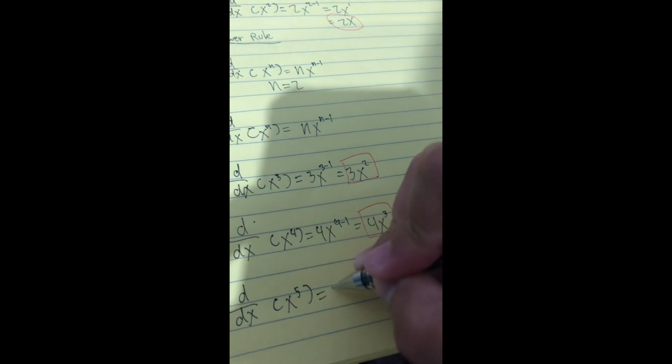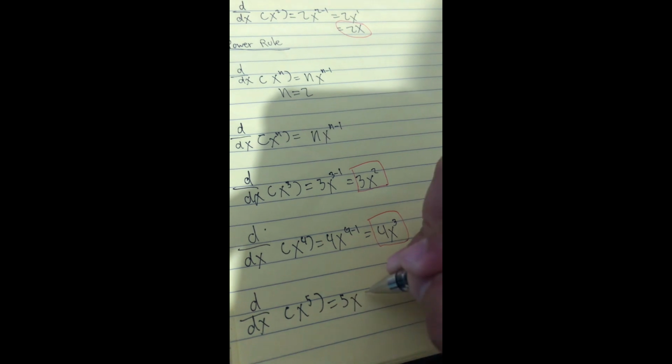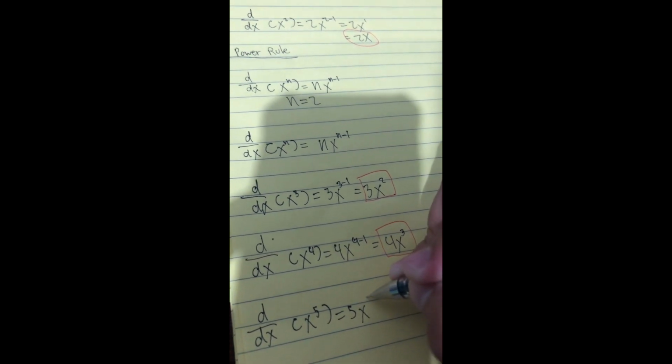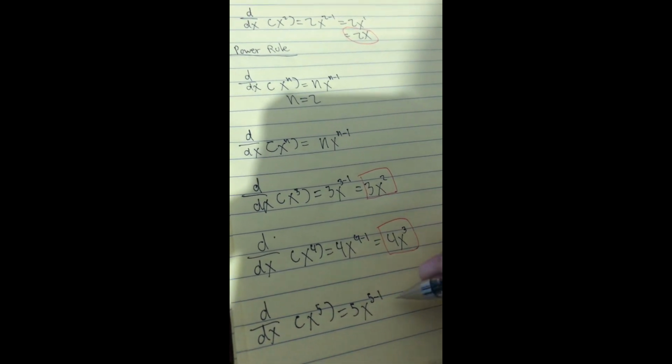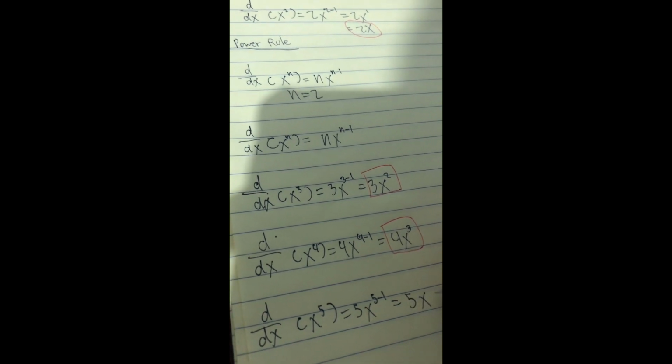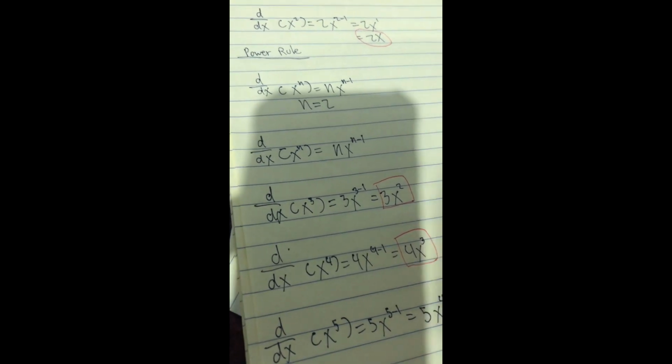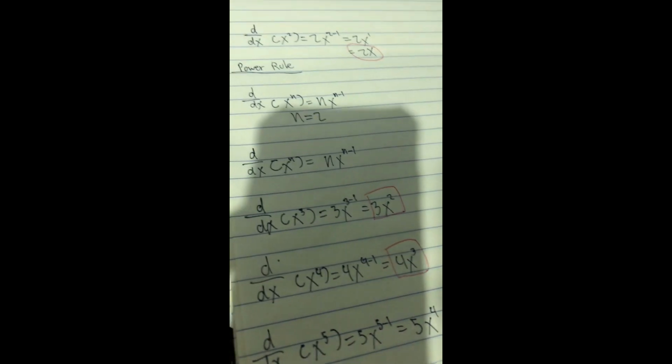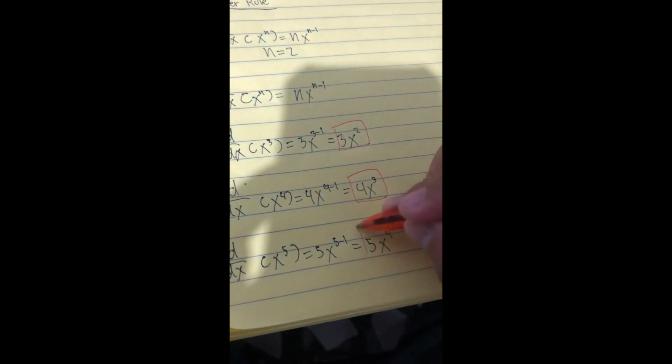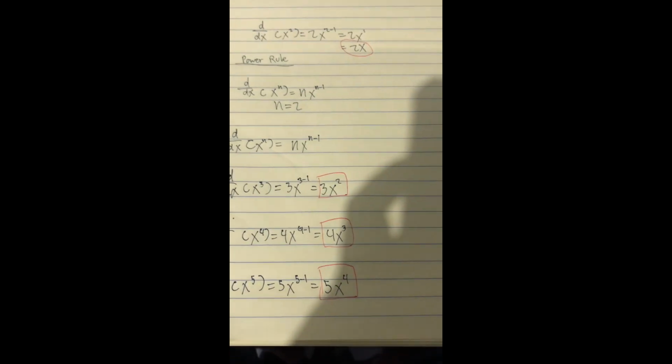It is 5x raised to 5 minus 1, which is 5x to the 4th power. That is how we use the power rule.